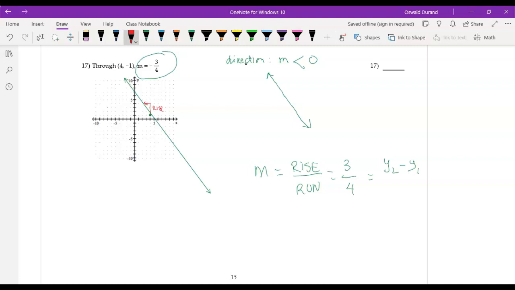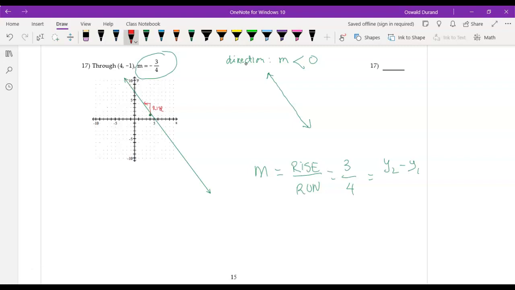Because if I go this way to the right, then this point is going to line up with this other one, and you can see that if I draw a line between a point that is on the right here, it's going to create an increasing line, a positive line. So that's not what we want. What we want is to go to the right 4 units, find our point, and that is going to create a decreasing line with a negative slope.